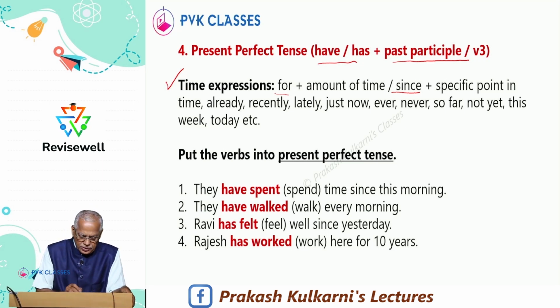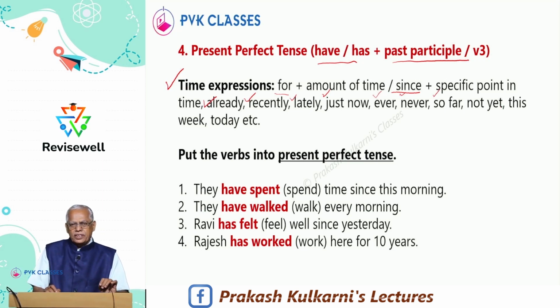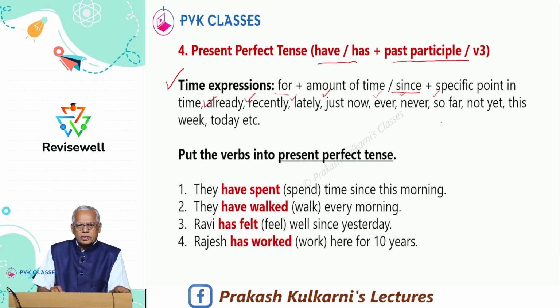Apart from this, for and since, so already, recently, lately, just now, ever, never, so far, not yet. If these words are there, actually they are adverbs. If these words are there in a sentence, you have to select present perfect tense in your question.